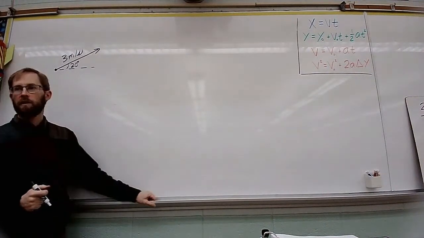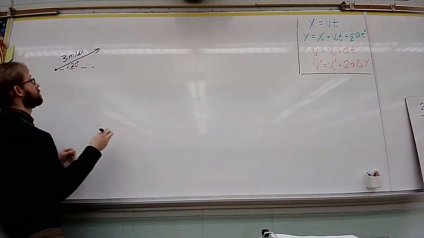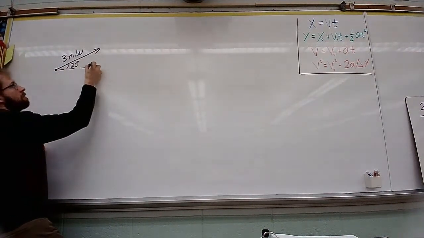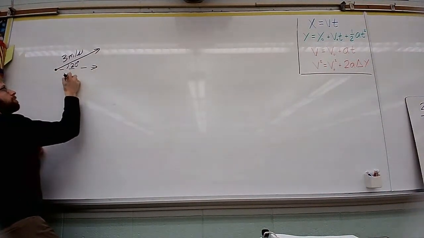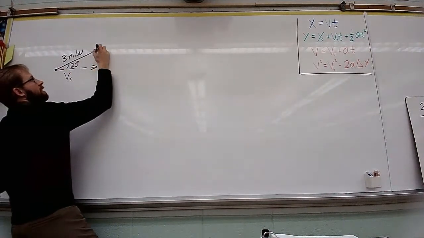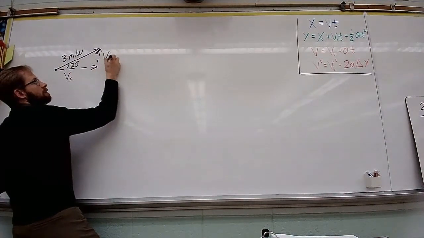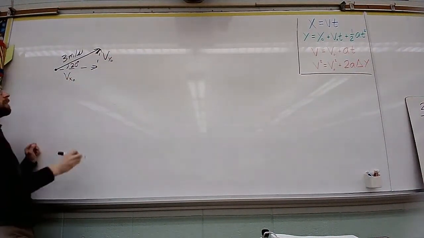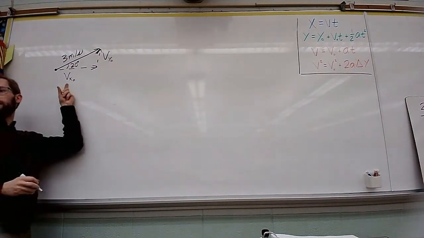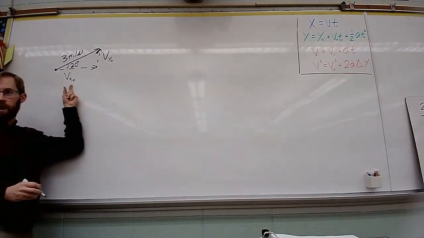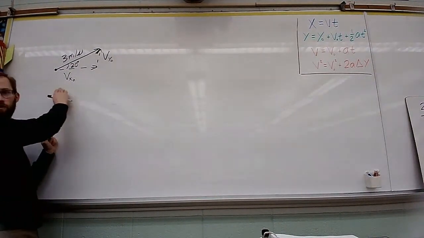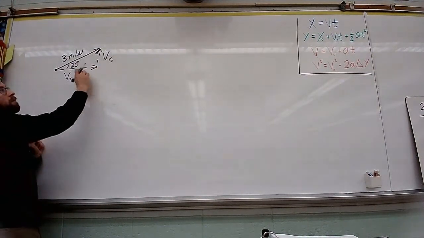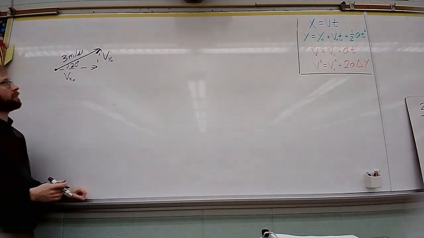So you basically treat this just like a triangle. You need to find your velocity in the x direction, and you need to find your velocity in the y direction. It doesn't matter if you label the x direction with just an x or an xo, because it doesn't change. It's going to stay the same the whole time, as we mentioned. So you just got to solve for these sides of the triangle then.